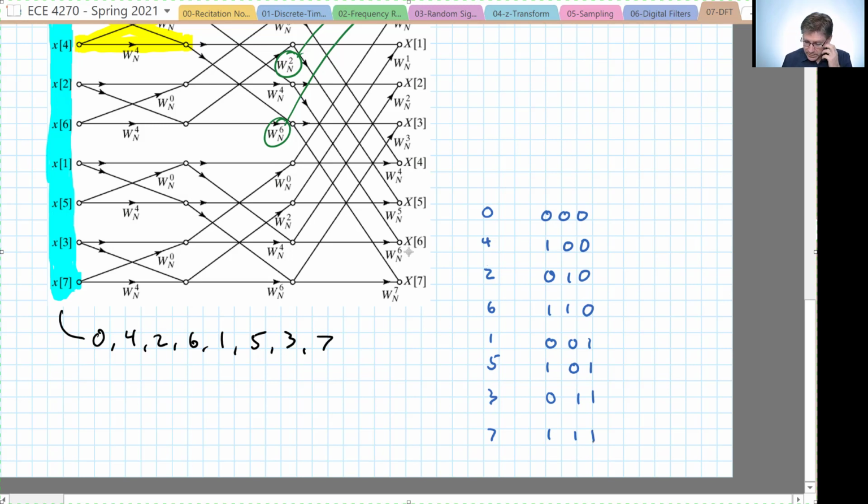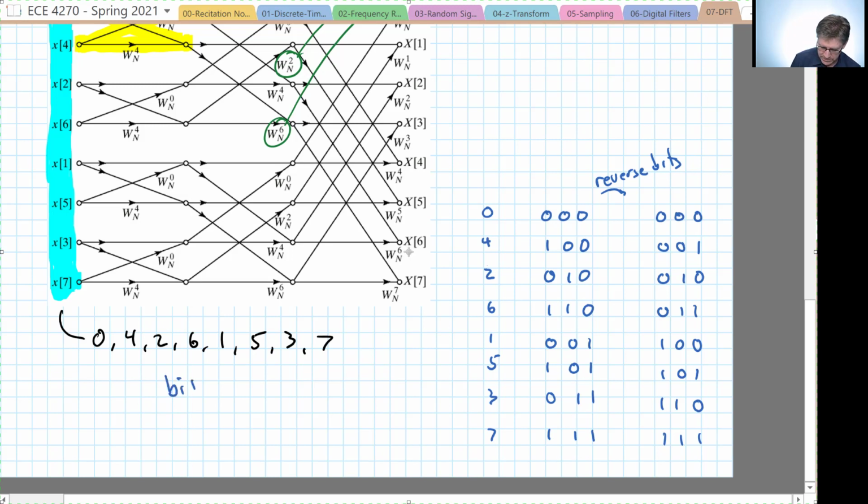We can see that if we were to read these, reverse the bits, we would get 000, 001, 010, 011, 100, 101, 110, 111. We can see that when we reverse the bits, it counts up normally. So this is called bit reversed addressing.